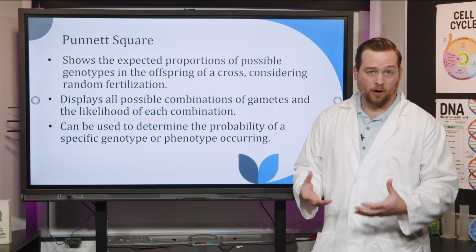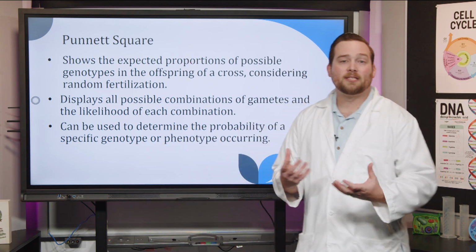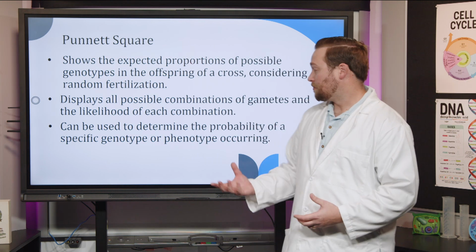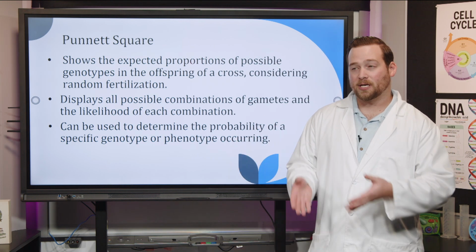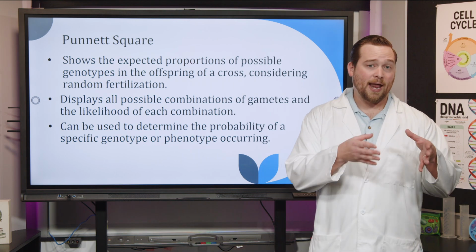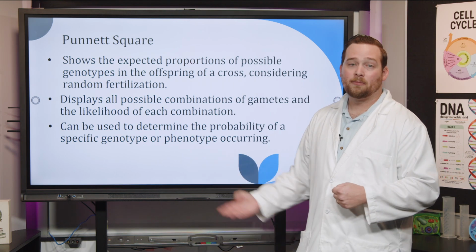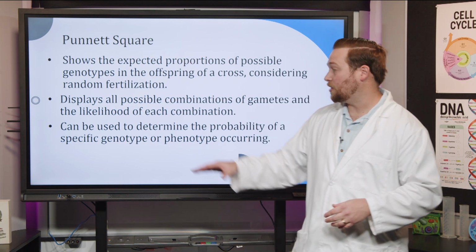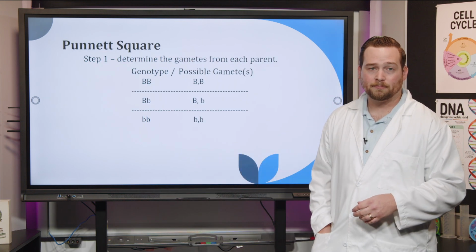And they are not often the same, because remember, with genotype, there's a difference between homozygous dominant and heterozygous. But in the phenotype, we wouldn't be worried about that difference, because a heterozygous individual and a homozygous dominant individual are going to have the same phenotype because they have at least one of those dominant alleles. So it can be a little tricky when you're having to differentiate between these two terms.